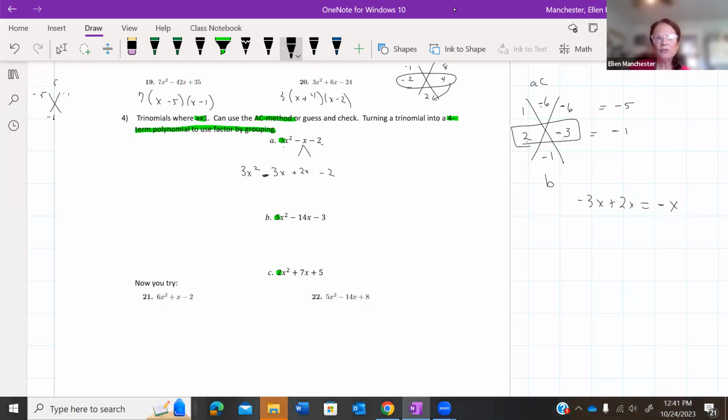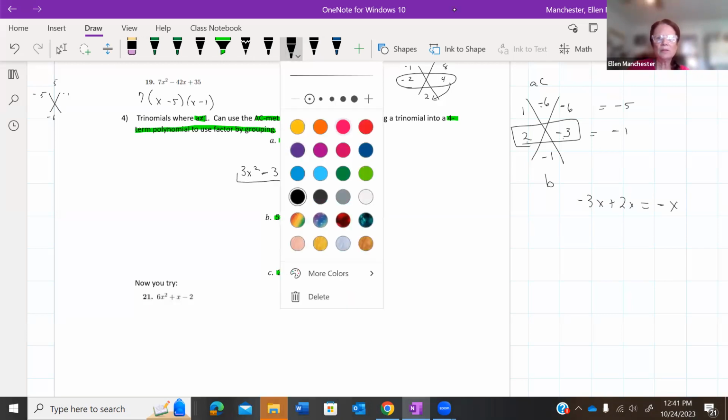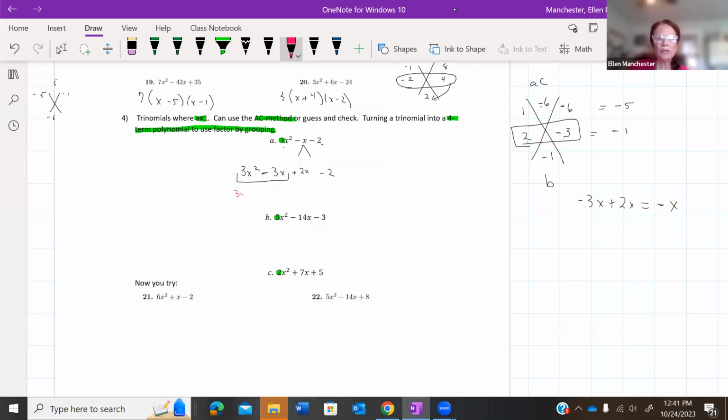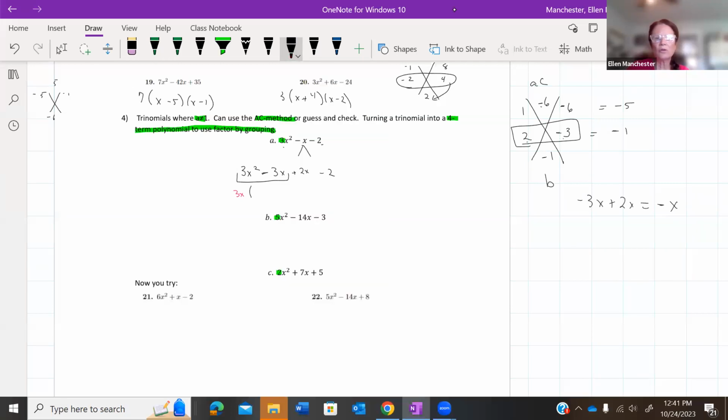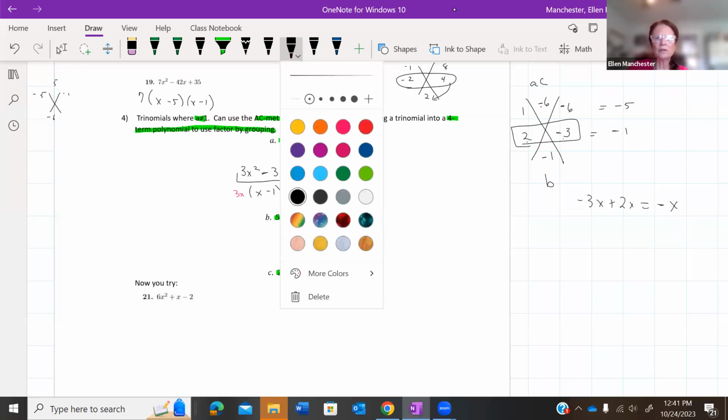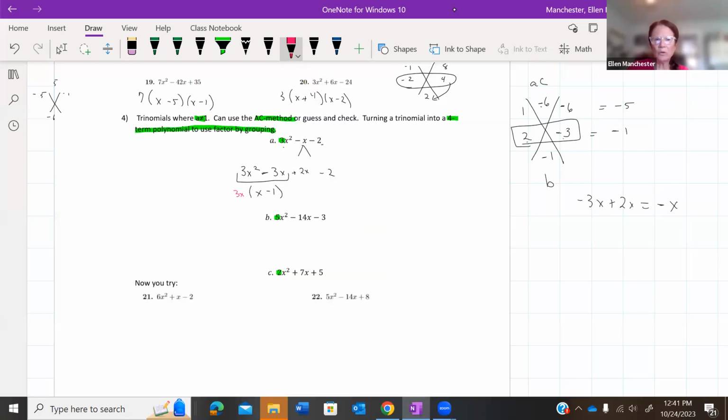Okay, so now I'm going to do my factor by grouping. I have this group, what's in common? I end up with 3x. Right back to factoring by grouping. What's left is x minus 1. And then what's in common between these two is plus 2.